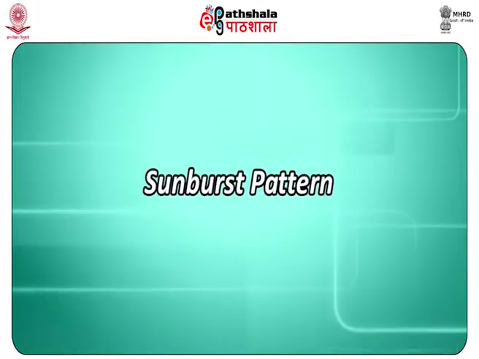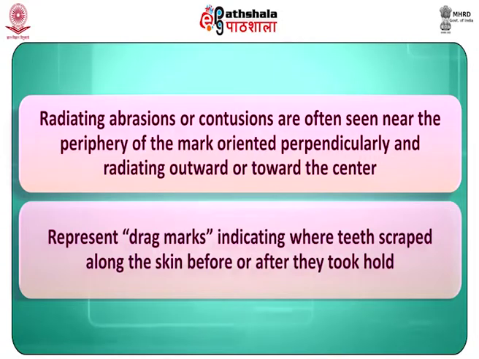The sunburst pattern is the radiating abrasions or contusions that are often seen near the periphery of the mark, oriented perpendicularly and radiating outward from the center. Some of these represent drag marks indicating where teeth scraped along the skin before or after they took hold.